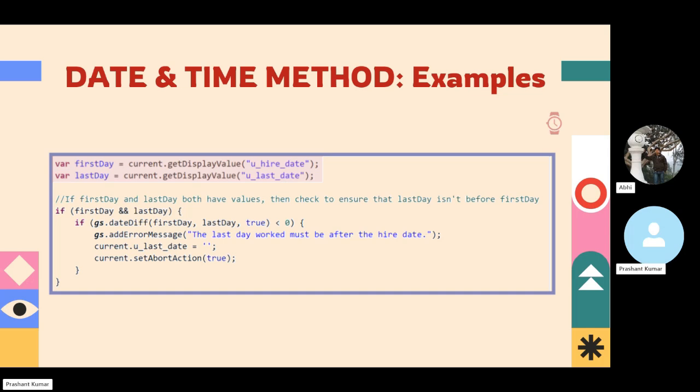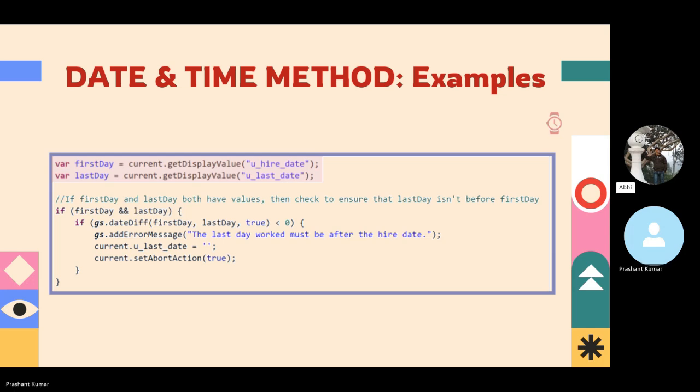Like, last day cannot be added before first day. If that is the case, they will empty the last date and do a set abort action for the current record. Current is also a method which is utilized to check with the current record.